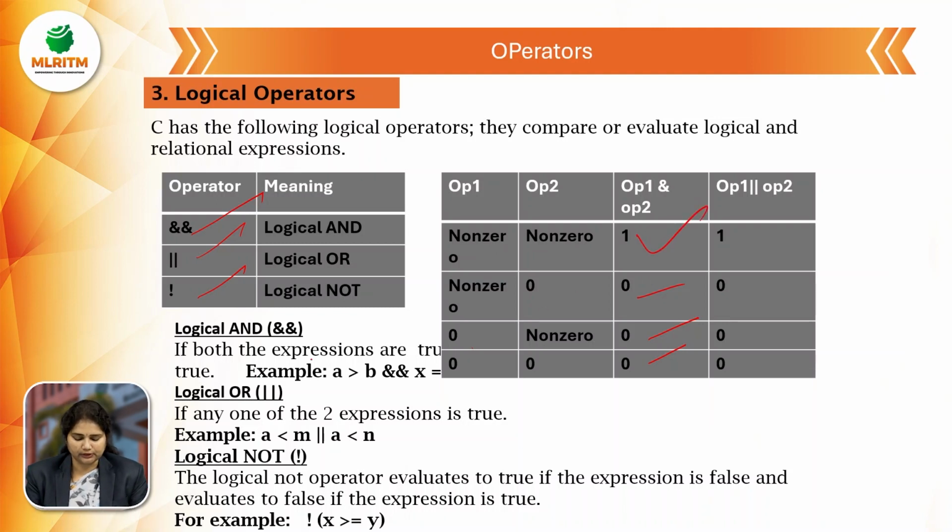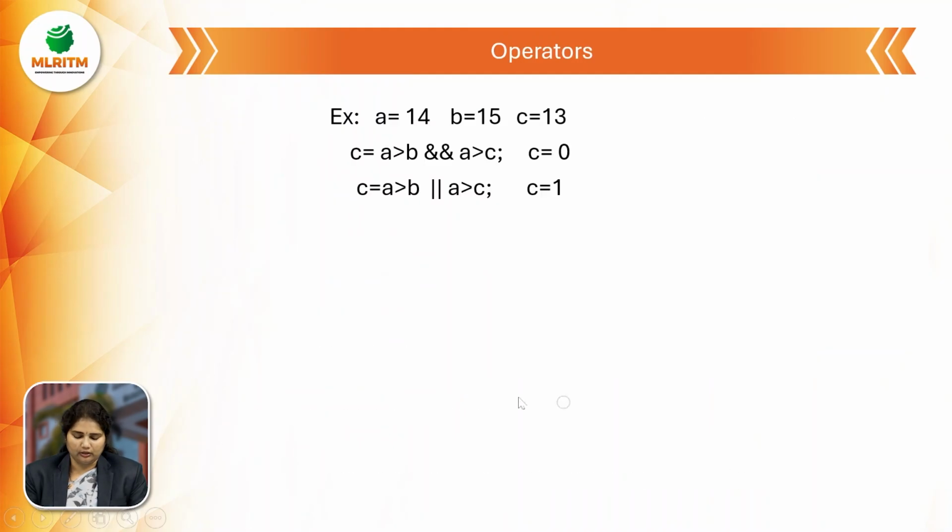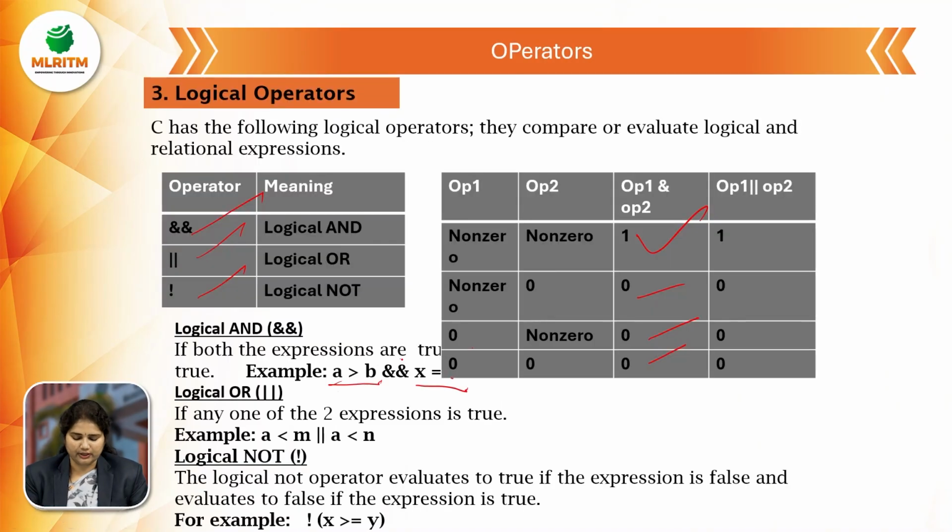Logical and: if both expressions are true, then we call it a true condition. A greater than b is one relational expression. A equal to x equal to 10 is another relational expression. When comparing between the two relational expressions, we use a logical operator, and for this also we will get either true or false as the output.